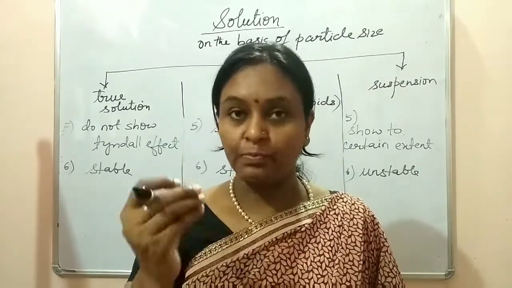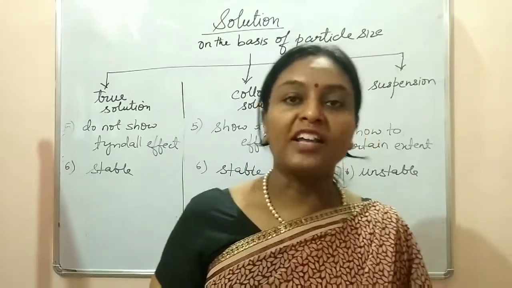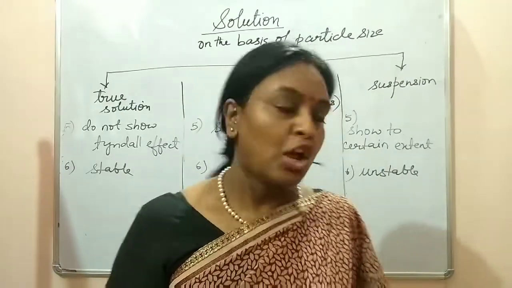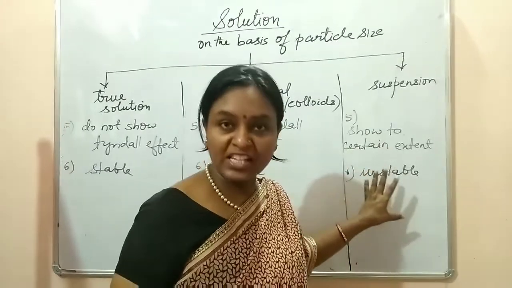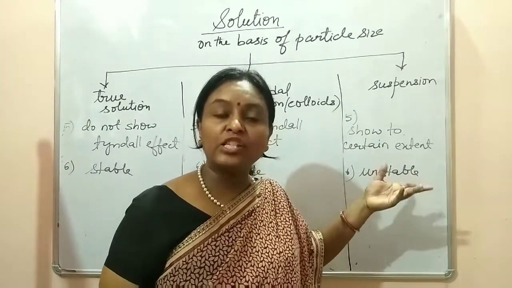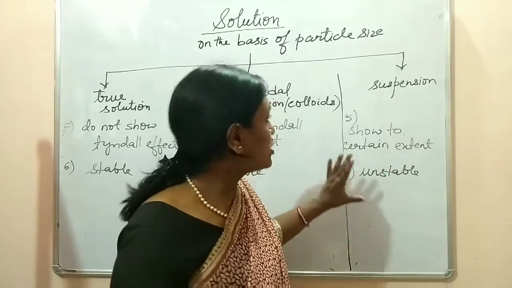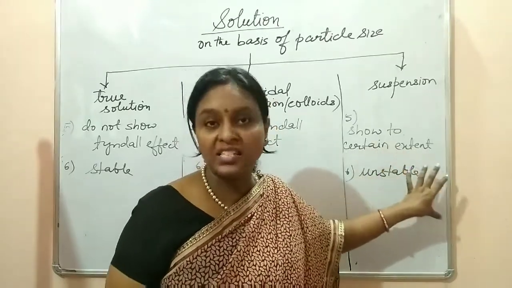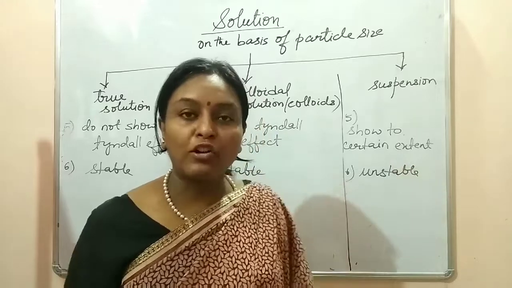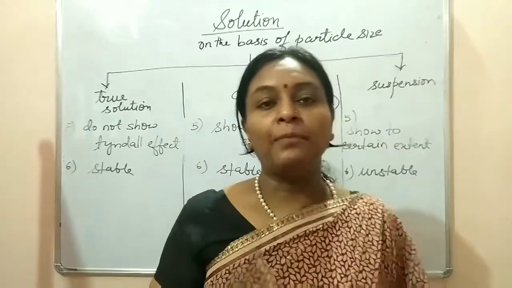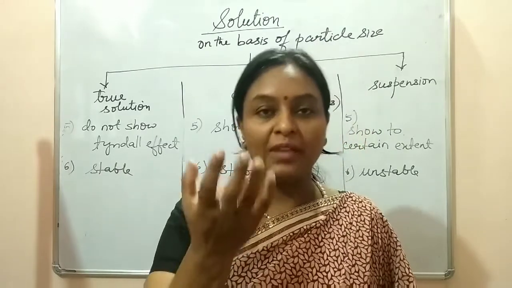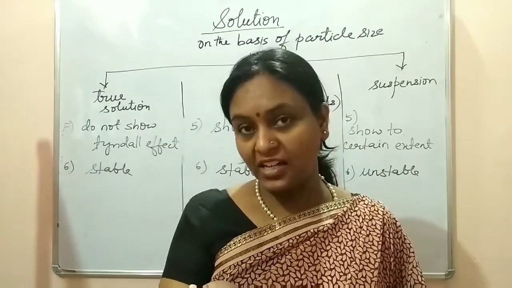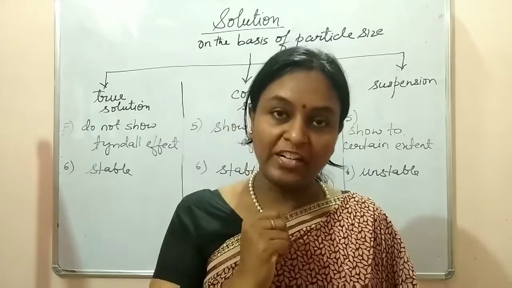Sawdust, that is the powder of wood, and water form a suspension. When you leave a suspension undisturbed, the two layers separate out, which shows that suspensions are unstable. If you take mud water and mix it, the mud will remain suspended in water for some time, but after some time it will settle down when left undisturbed. So sedimentation will take place.